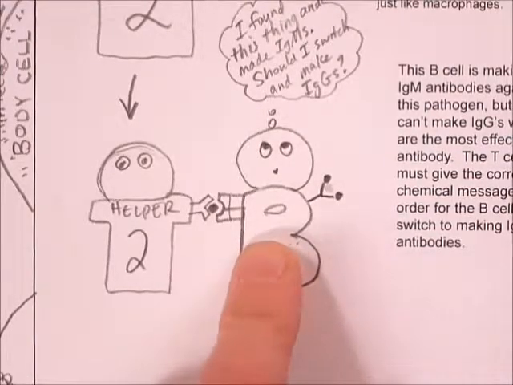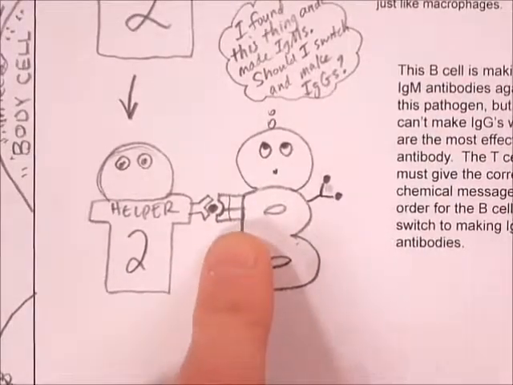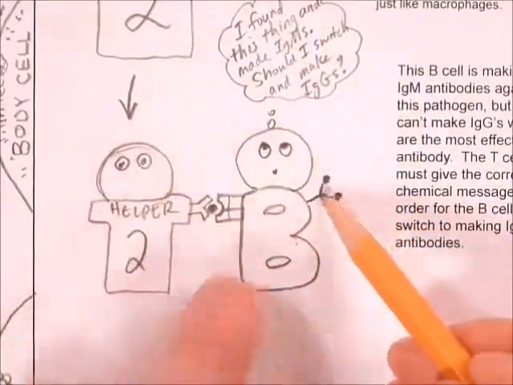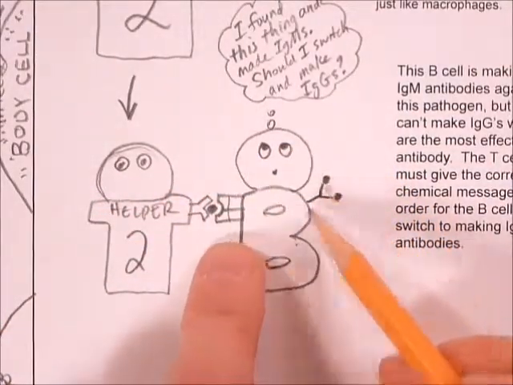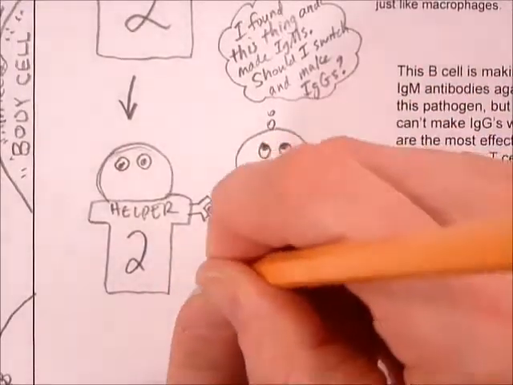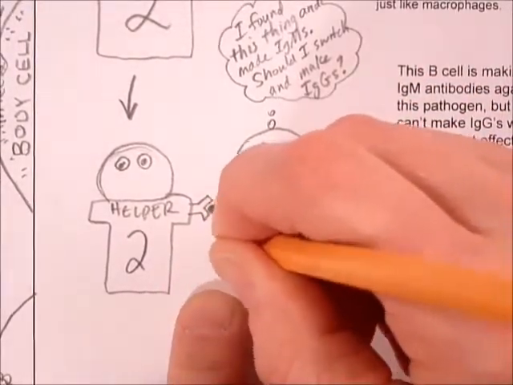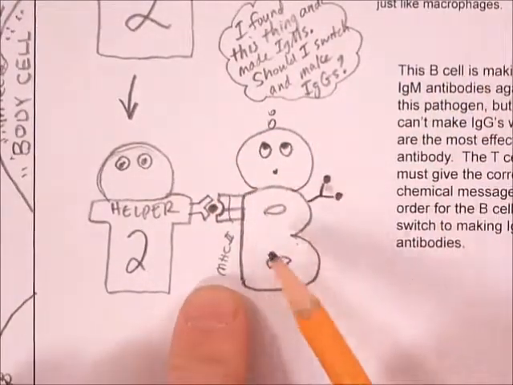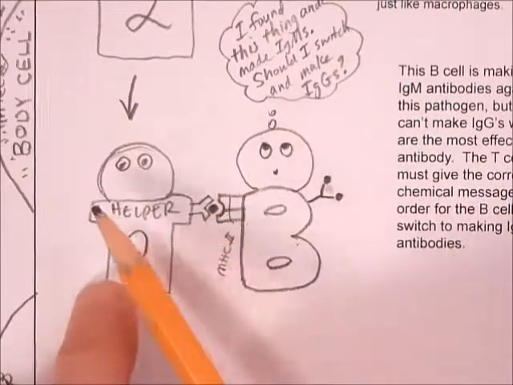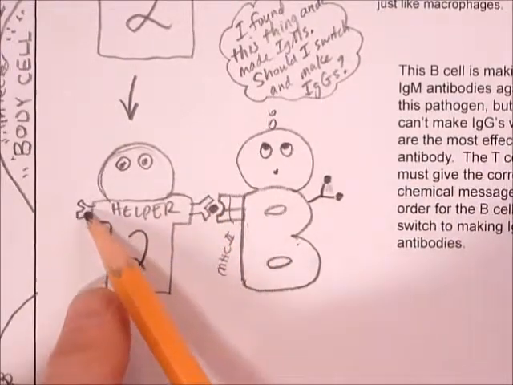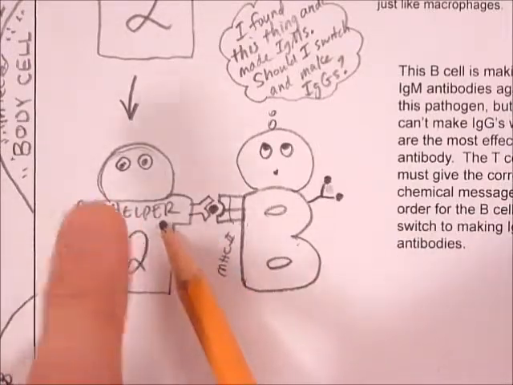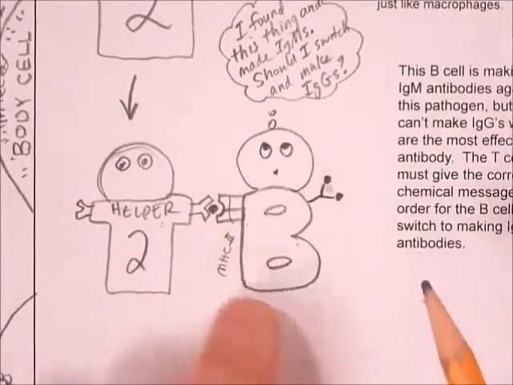Okay, so here he can take in, this little Y can go in, he can pull the little Y inside and then put the little pieces of pathogen back out on an MHC2. So this is an MHC2 clip. Well, what kind of cell matches with MHC2? The helpers, T helpers, okay? Not the T killers. The T killers can't. Only the helpers, the CD4s are the only ones.